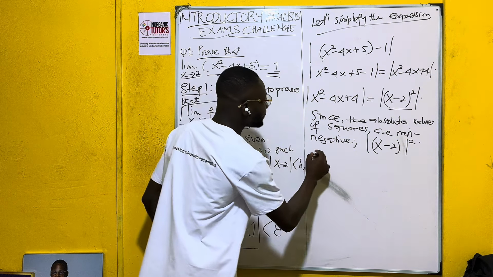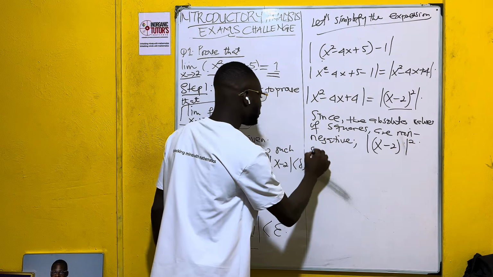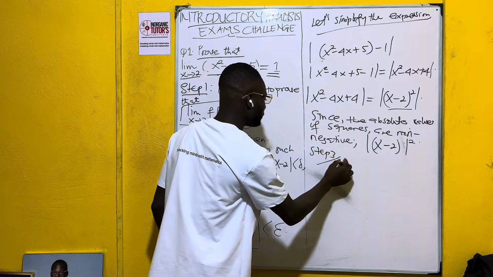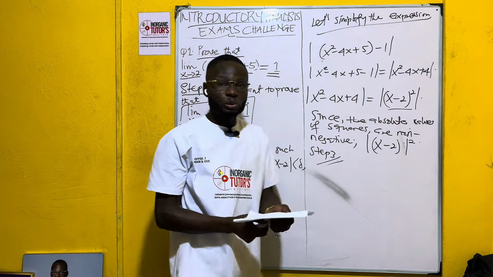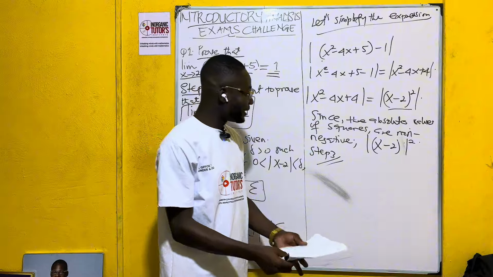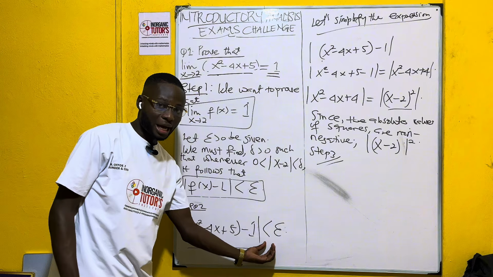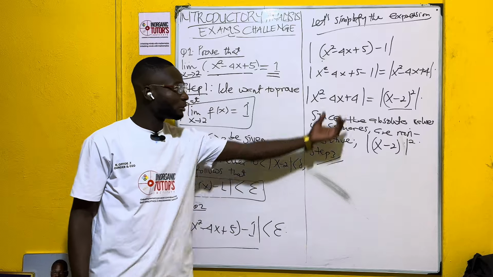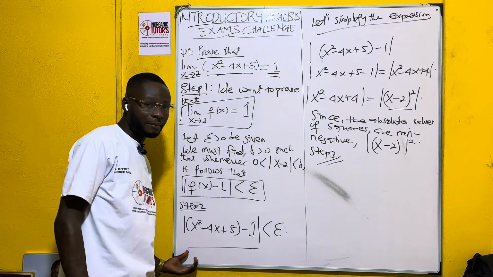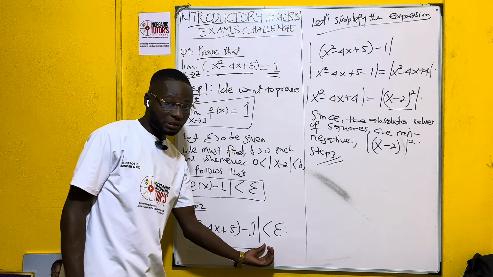So this is basically step 2. So step 3. Let's try to relate this expression to the epsilon. Remember, we had less than epsilon here, and because we are trying to simplify the left-hand side, we ignored the epsilon.